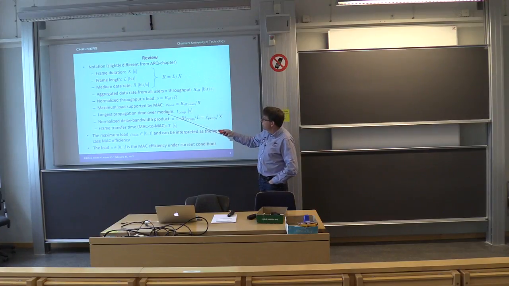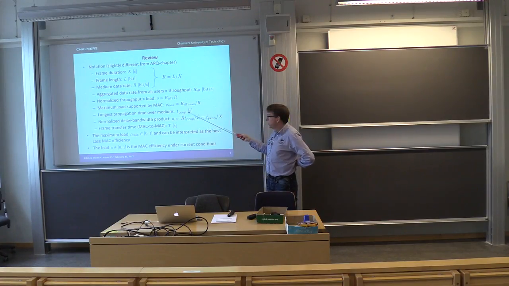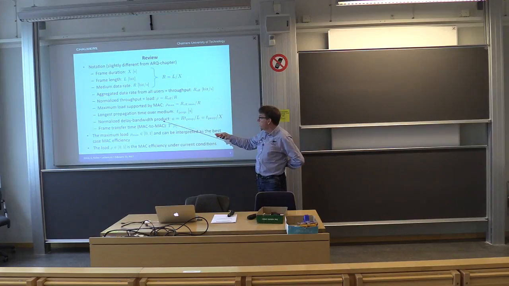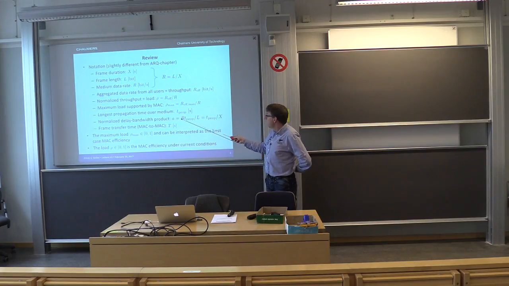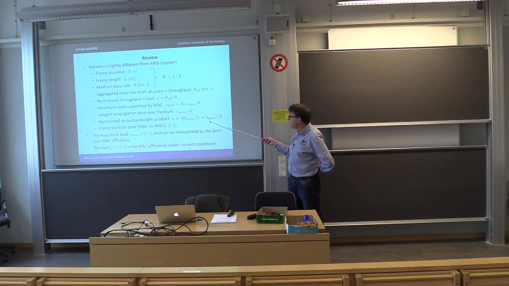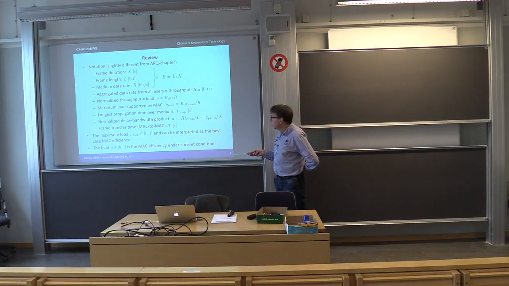The longest propagation delay of the medium is called T_prop, and it's in seconds. The normalized delay bandwidth product a is R, the bit rate of the medium, times T_prop, the propagation time, divided by L. Or one can think of that as the propagation time divided by the time it takes to transmit one frame. It's the same thing.